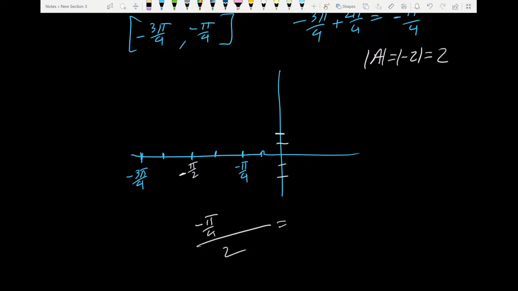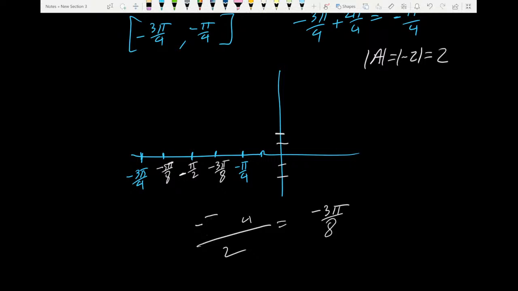I'm doing fast calculation right now. So it'll be negative 3 pi over 8. And guess what? This is going to be negative 5 pi over 8.